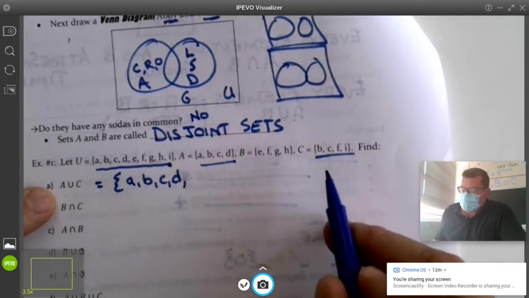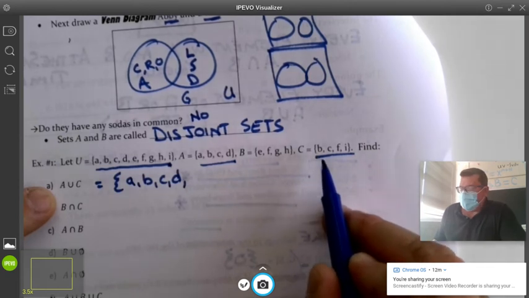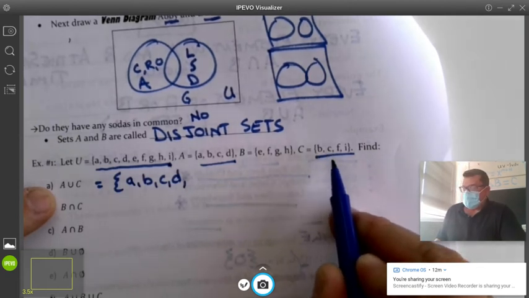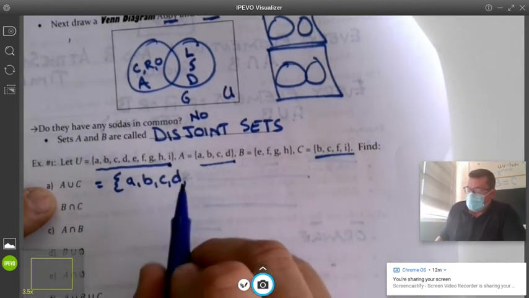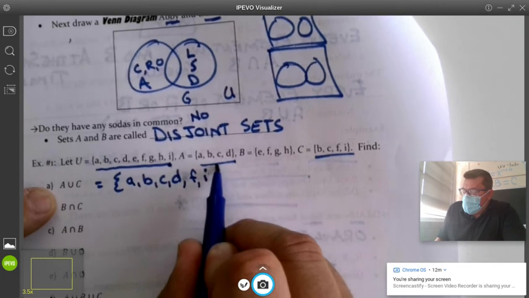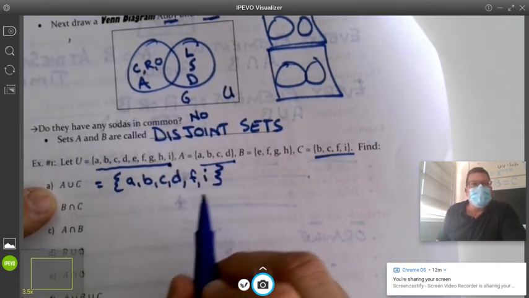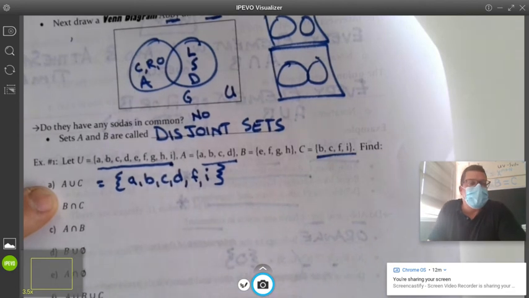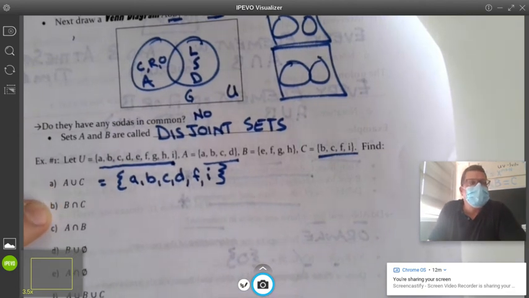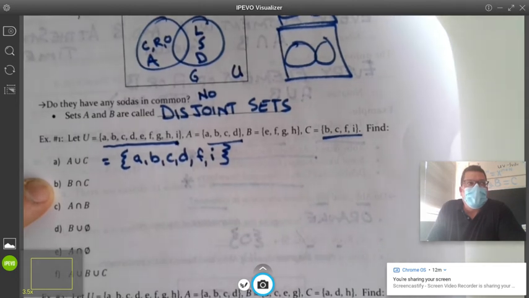There's no need to list the duplicates more than once. So we've already included B, we've already included C, and we write down everything in set C. Union means write it all down, keep it all down, and you don't have to write the repeats more than once. Theoretically, you're supposed to put it in alphabetical order. I do not think Pearson cares. Okay.